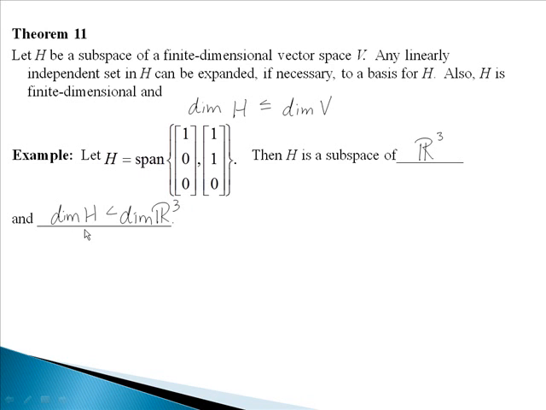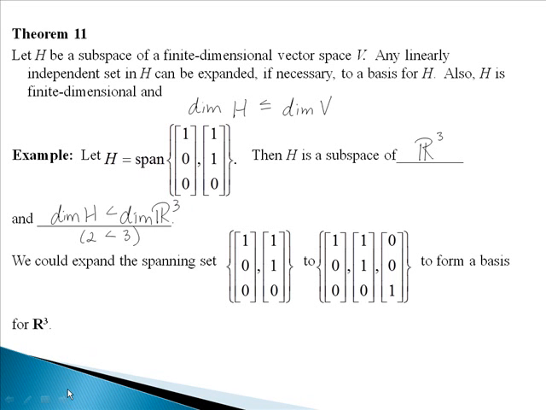Since the dimension of H is 2, and the dimension of R3 is 3, and we know that 2 is less than 3. We could expand the spanning set from what we originally had with the two vectors to this second set here, where we basically add the last column of our identity in order to form a basis for R3.